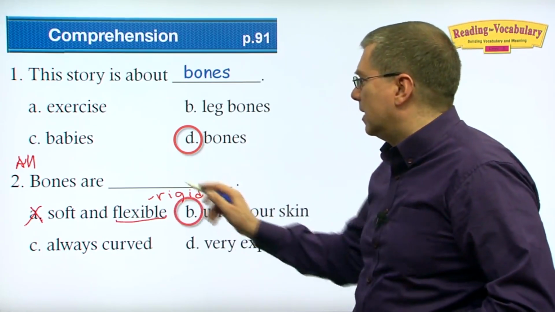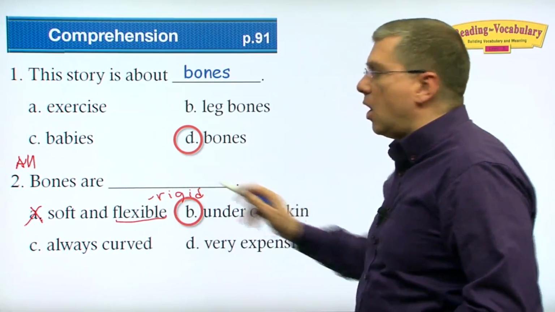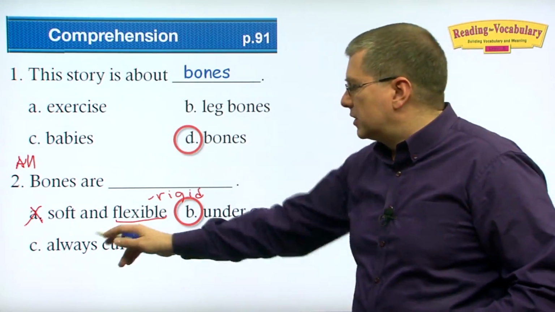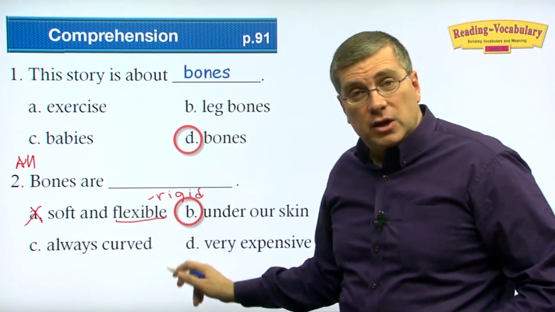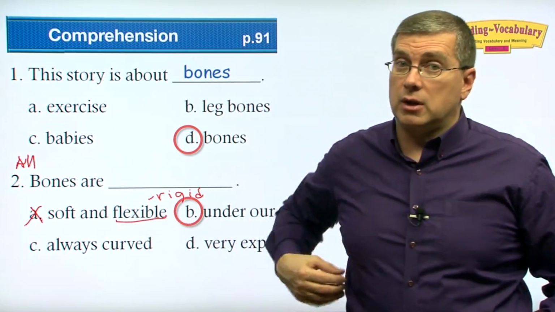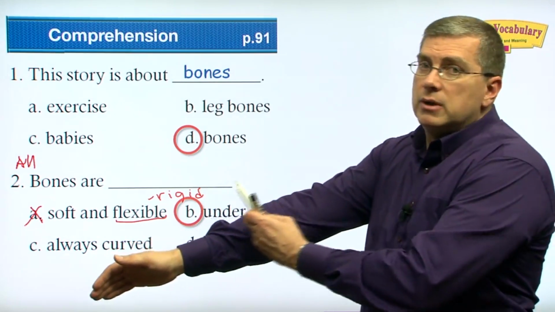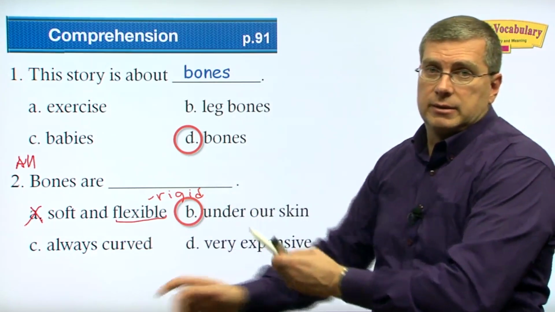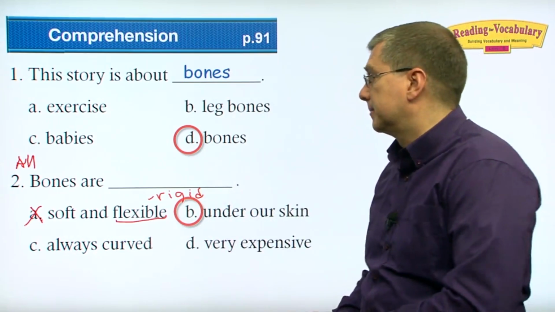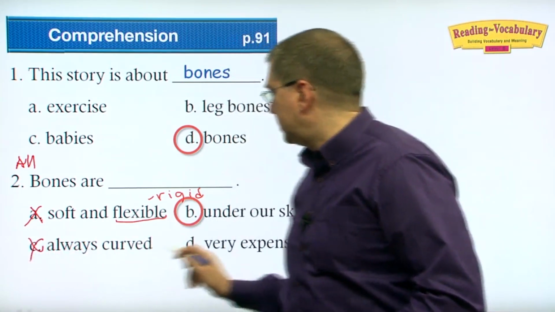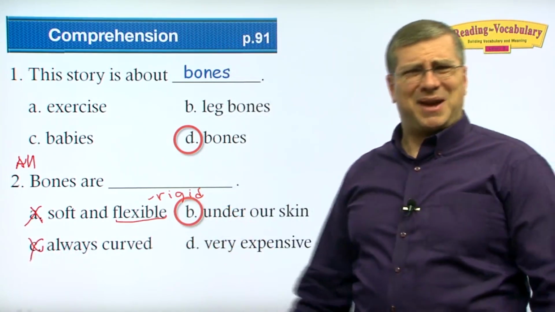That's the correct answer. Bones are under our skin. All bones are under our skin. Let's just look at C. Bones are always curved? No. Some bones are curved, like in our rib. Our ribs are curved, but our arm bones are not curved. They're straight. Okay, so also our leg bones. So that's not right. What about D? Bones are very expensive?